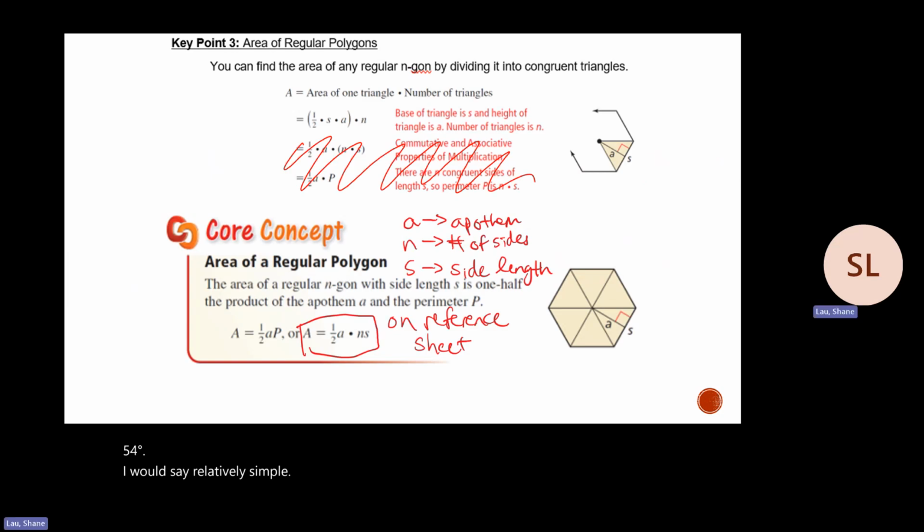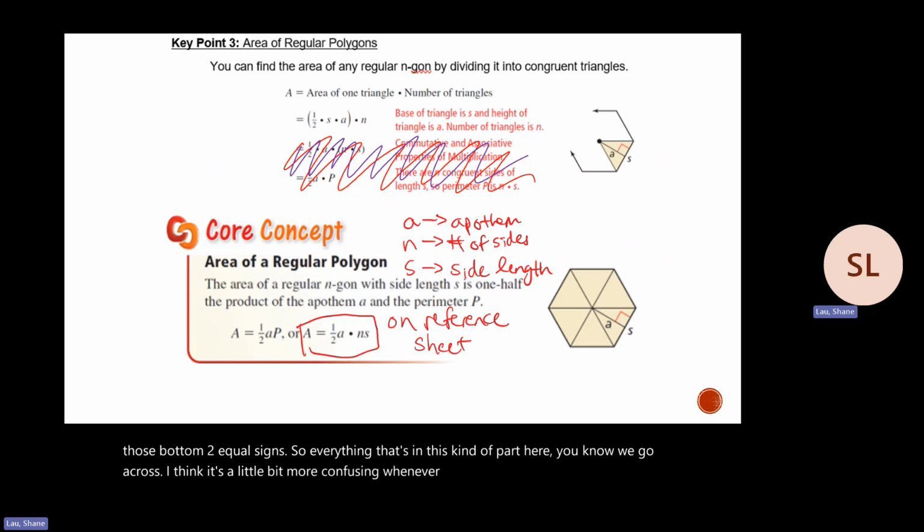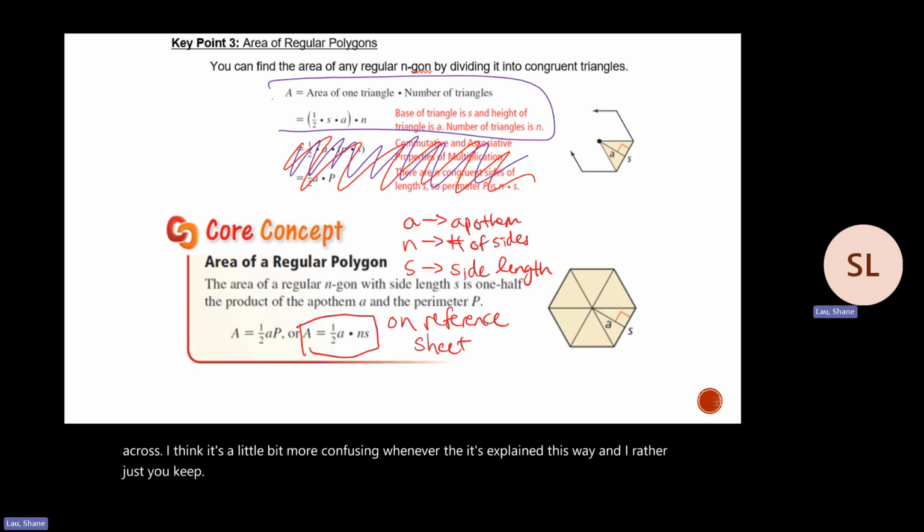Now, when you get to this part in your notes, I want you to cross off those bottom 2 equal signs. Everything in this part here, we're going to cross out because I think it's a little more confusing when it's explained this way. I'd rather you keep this part right here.